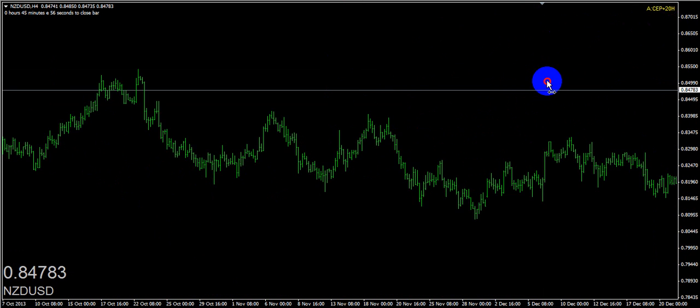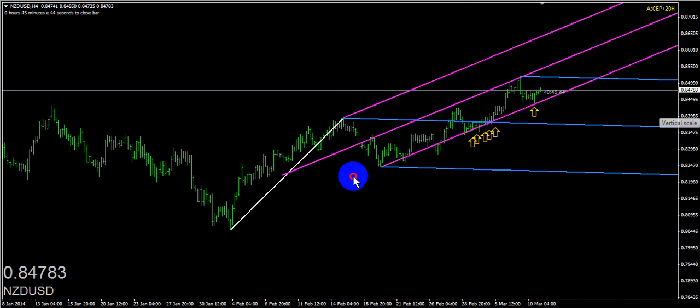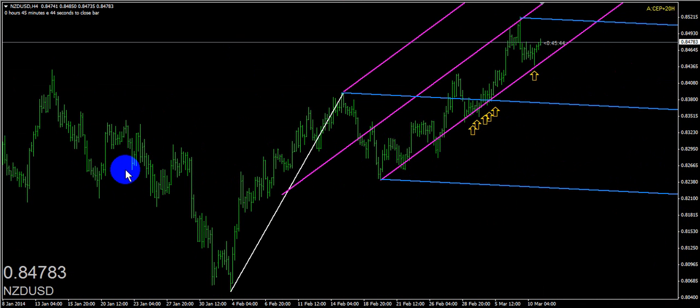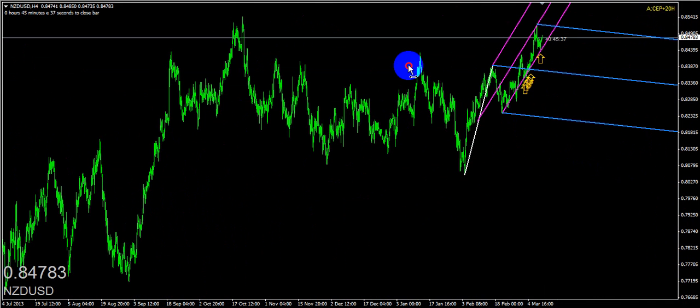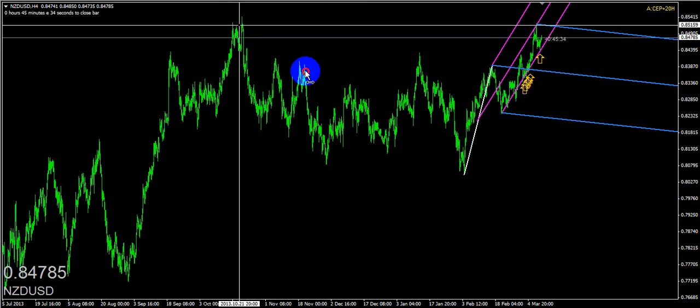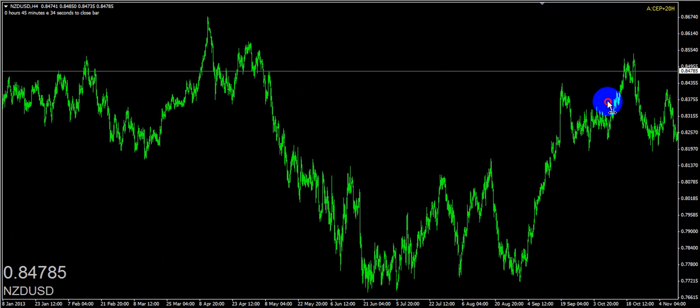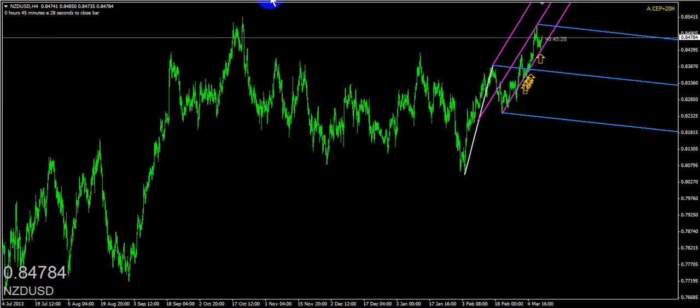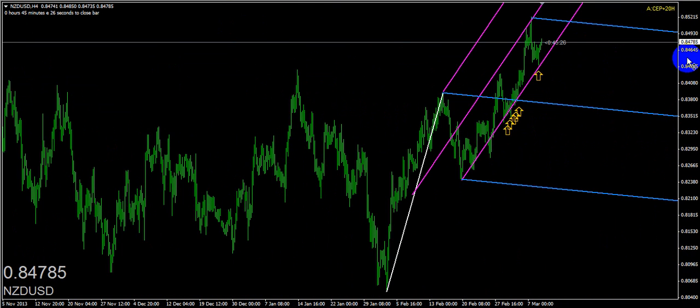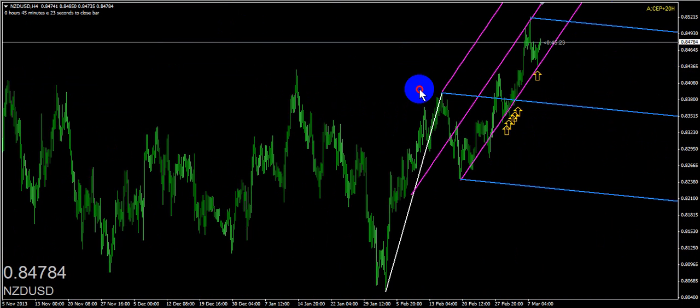But we're making a lot of new ground for the New Zealand dollar, at least new ground since last October. So if that high is broken and continues to go up, there's going to be a lot of room to the upside. Let me see.